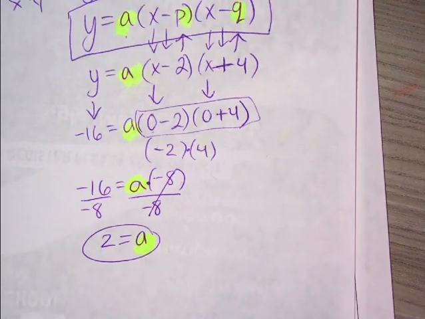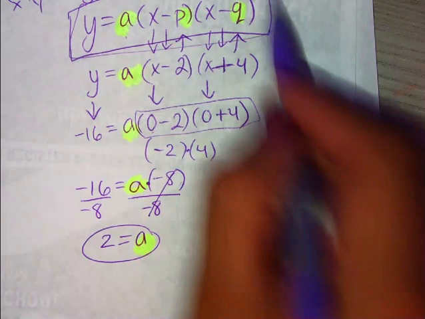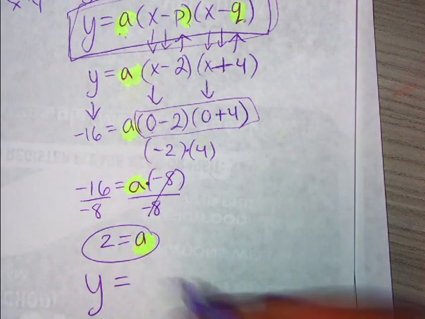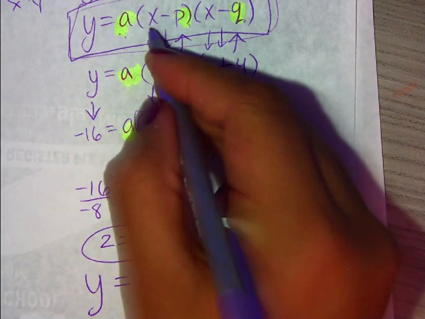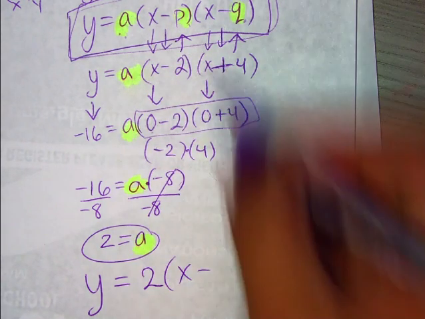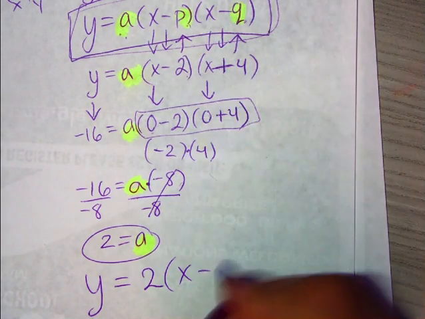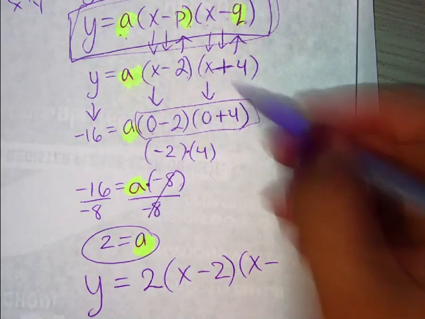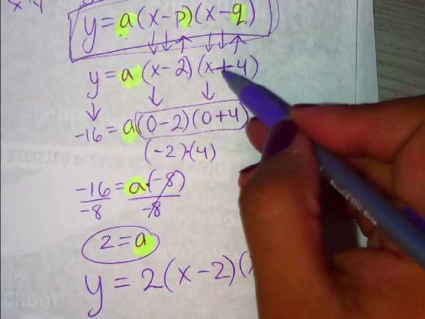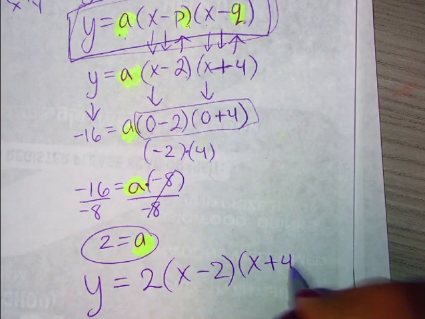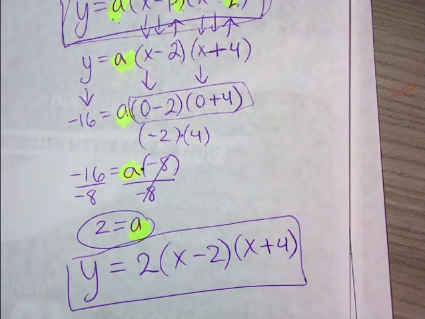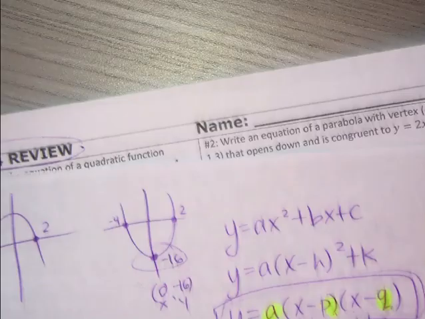To finalize our answer, we write this template with these 3 values replaced: y equals 2, parentheses, x minus the P value, which was 2, and then x minus -4, which made it +4. And you're done. This is the equation. That is the answer to the information given.